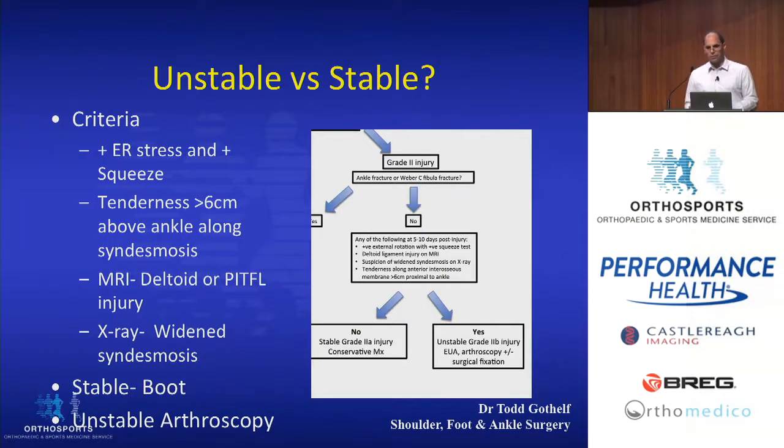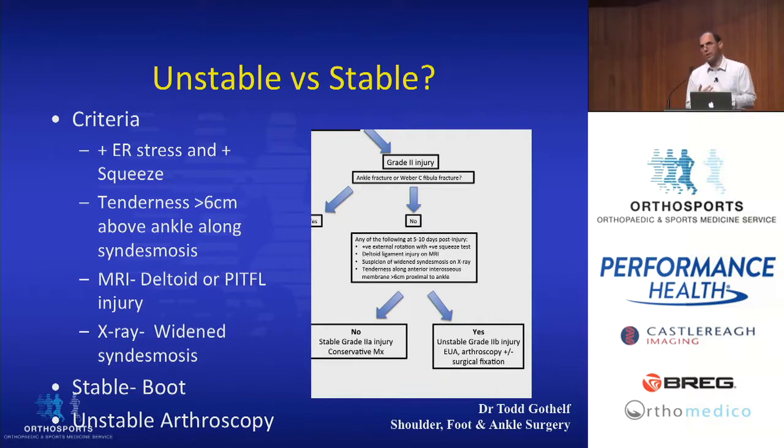In order to determine if someone was unstable, they followed a certain set of criteria. They did an external rotation stress test and a squeeze test. They also checked for tenderness greater than 6 centimeters above the ankle. They did an MRI, and if this showed any deltoid rupture or a rupture of the PITFL, remember the AITFL is the first to go, but if the PITFL goes, that'll allow the two bones to separate.